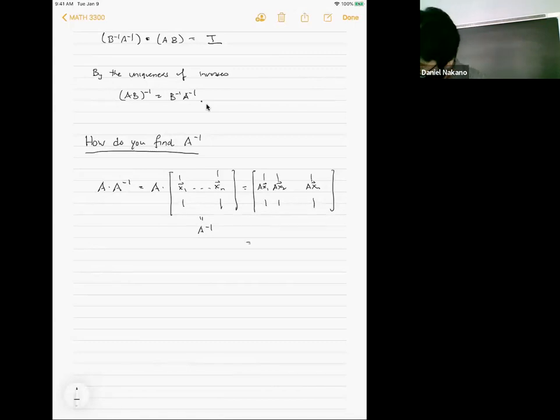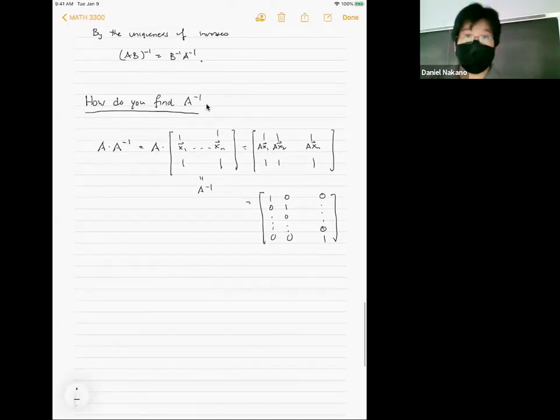But we know that A times A inverse is identity. So I have 1, 0, 0 here, 0, 1, 0, 0, 0, 0, 1. So what am I doing? Well, I want to solve for x1, x2 up to xn.